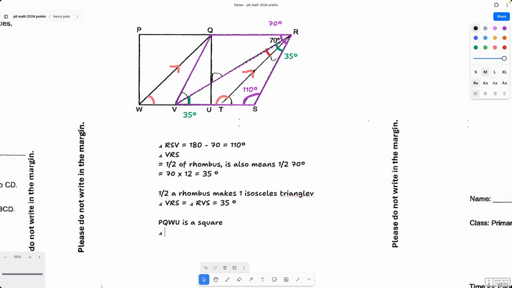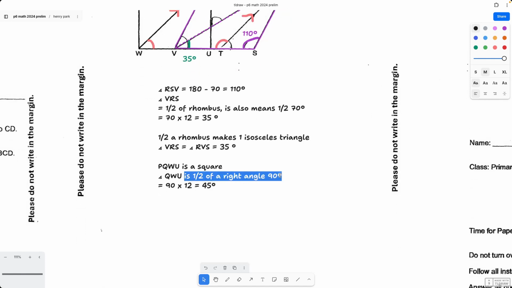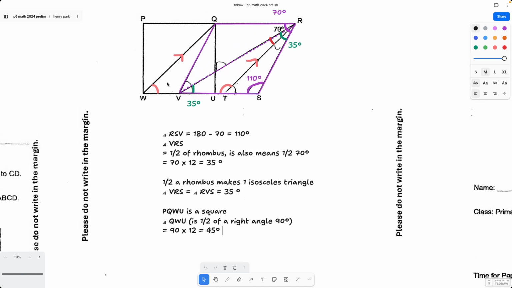So angle QWU is half of a right angle, or 90 degrees, which means it is equal to 90 times half, which is 45 degrees. Now we know this is 45 degrees over here.